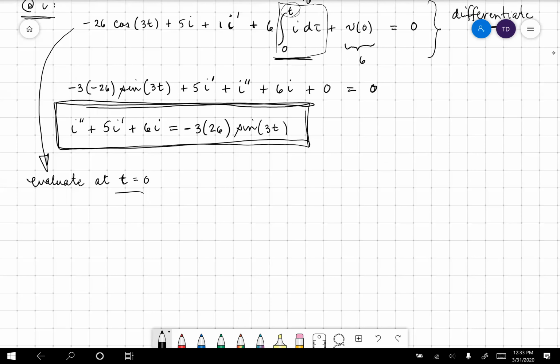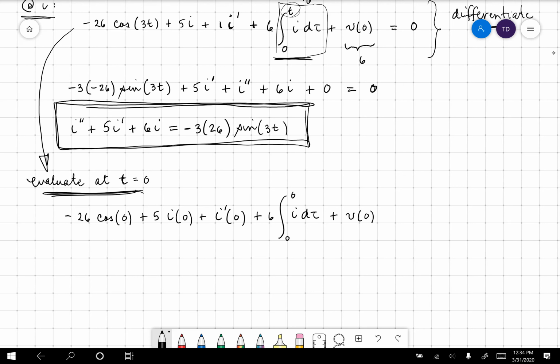Here's what we have: minus 26 cosine of 0 plus 5i of 0 plus I prime at 0 plus 6 times the integral from 0 to 0 of I d tau plus v of 0. All of that must be equal to 0.